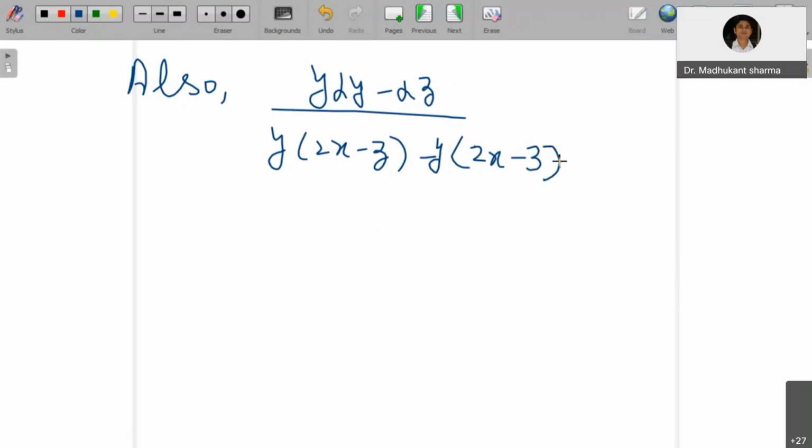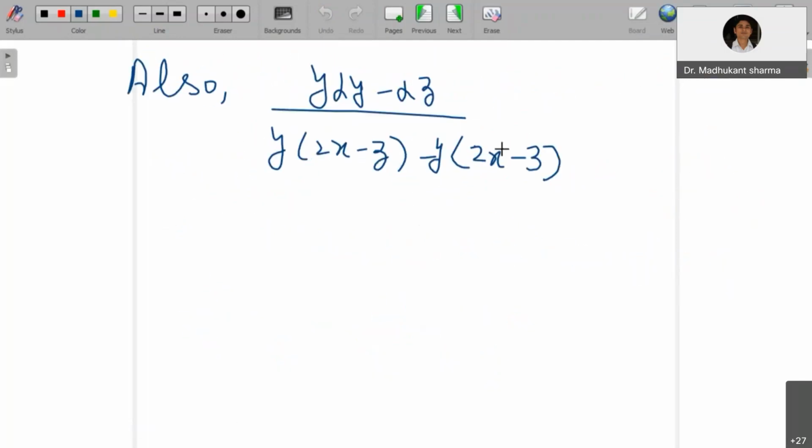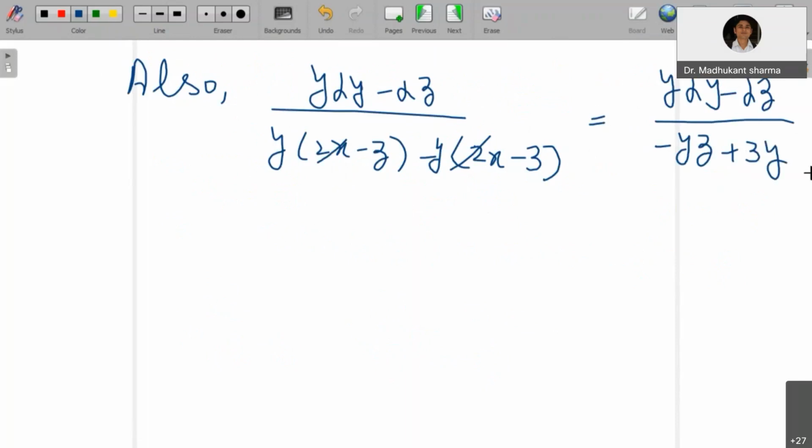That was there. So this is equal to y dy minus dz divided by, so 2xy will get cancelled, plus 3y. Now, this is equal to y dy minus dz divided by y into z minus 3.